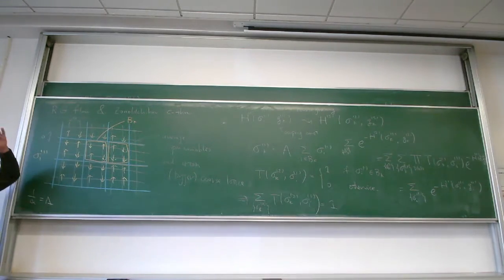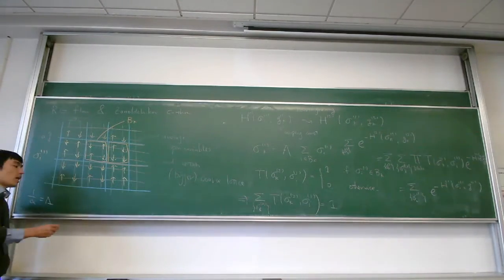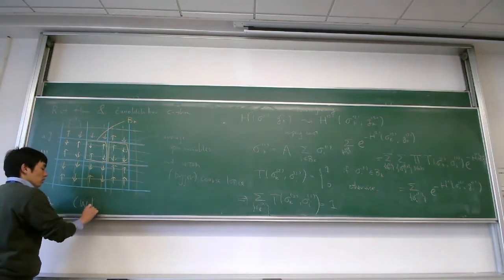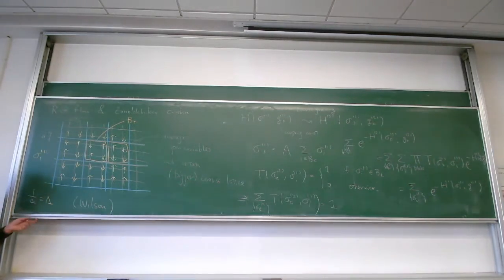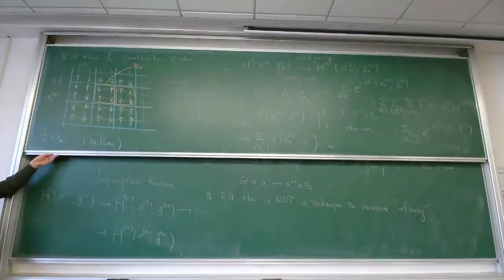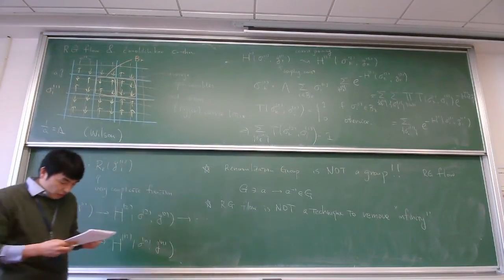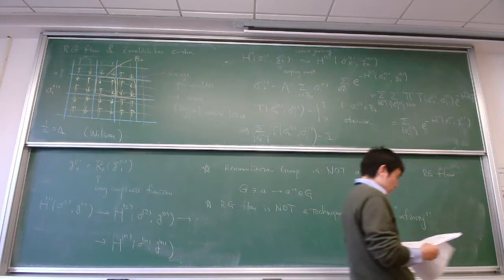You start with the theory defined at a very, very high energy scale and do the average over, and see how the theory will change. This idea is given by Wilson, so it is sometimes called Wilsonian renormalization. Those are the two cautions I have to make.